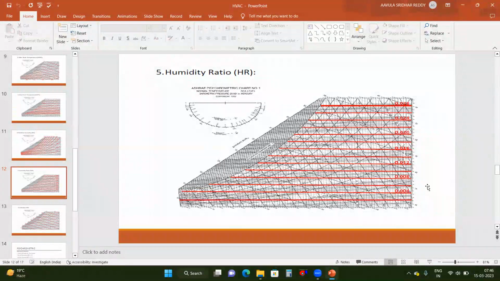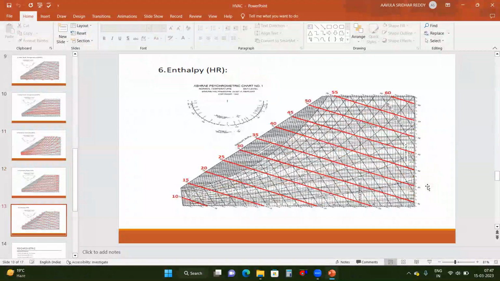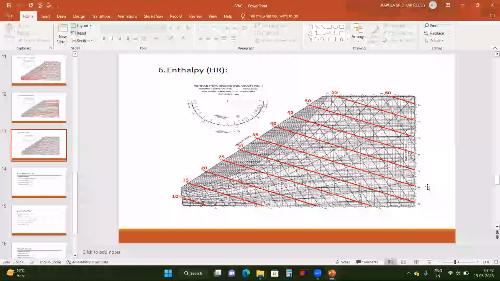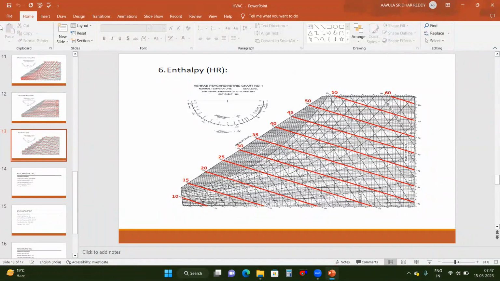Humidity ratio also has horizontal lines, from 0.0042 to 0.028. This is the enthalpy lines. These are the slanted lines. Okay. So we have seen the different lines of the properties of air.